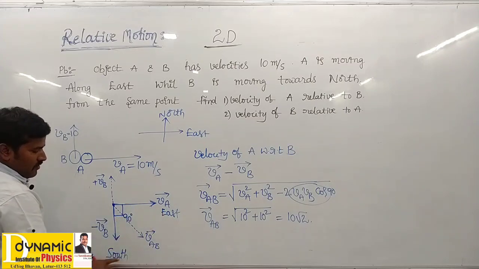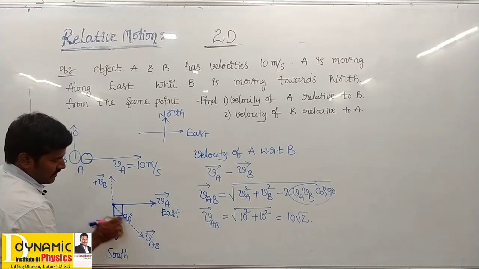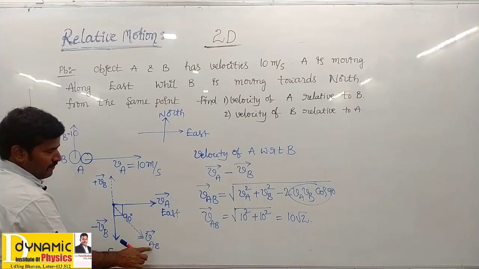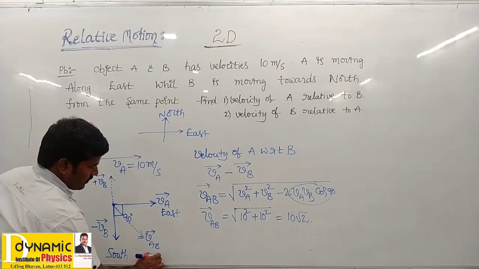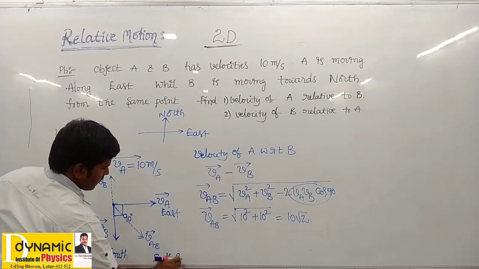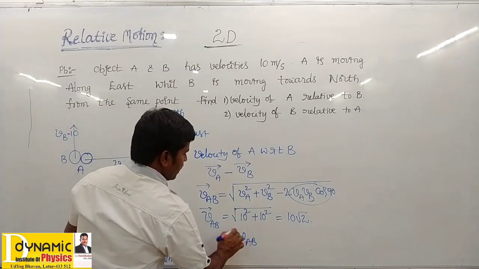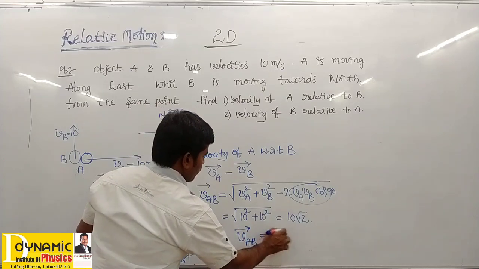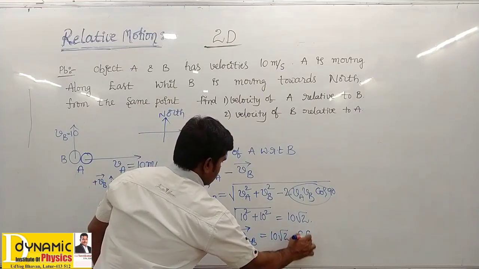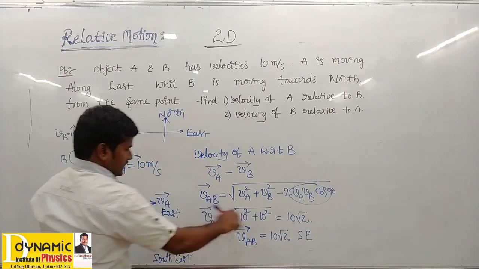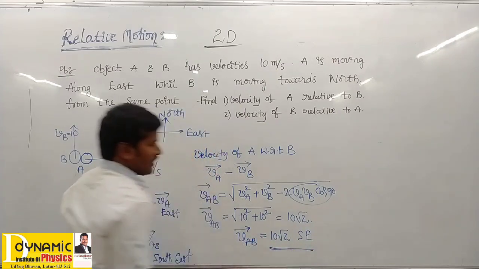Then what about the relative? This is VAB. VAB direction is southeast. That means VAB bar is written as 10 root 2 southeast. So southeast is the relative velocity.